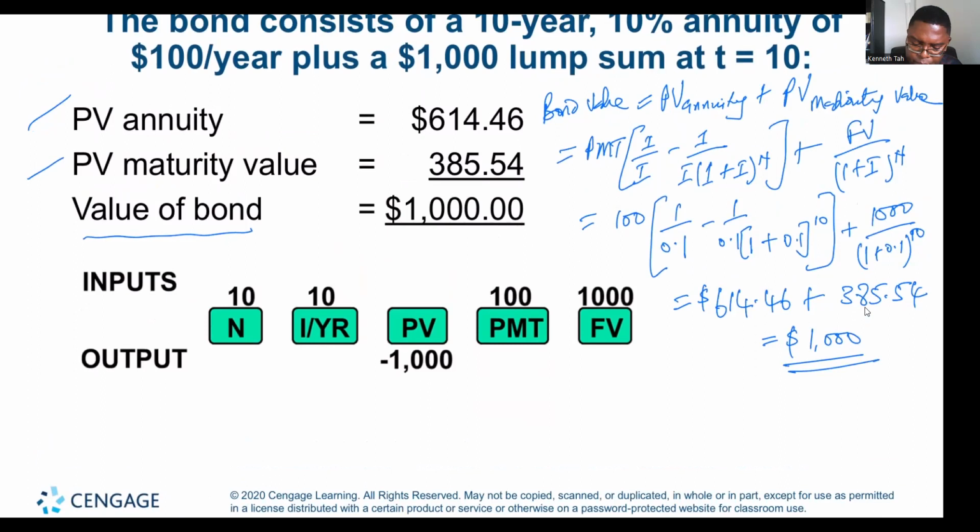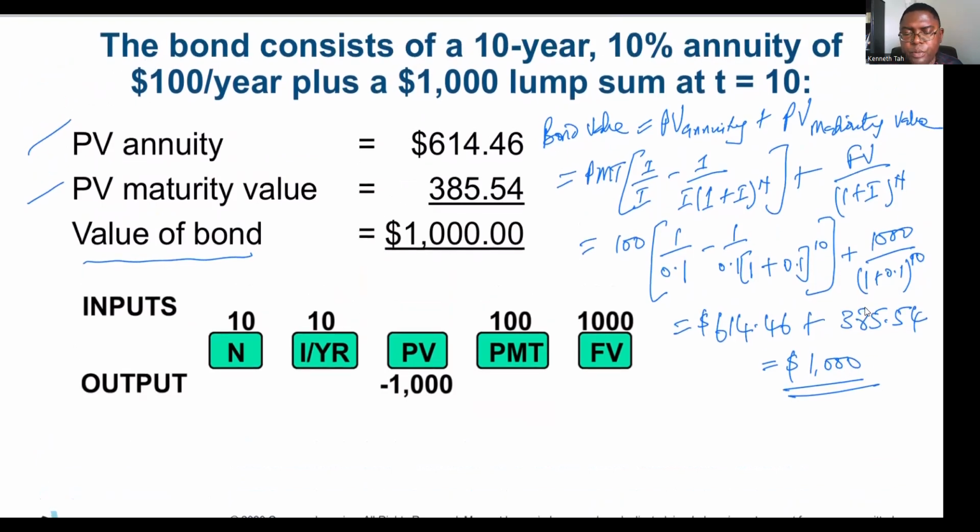we basically would take, because we want to calculate the value of the bond, which is the present value. So with the financial calculator, we'll type 10 and press N. We'll take the interest rate, I/Y, which is 10.